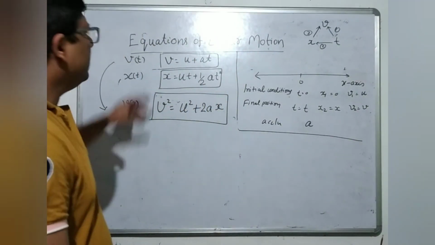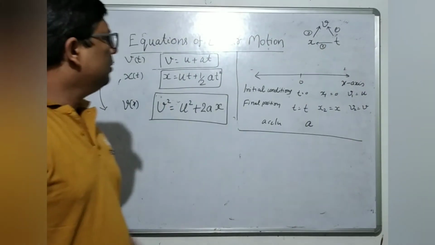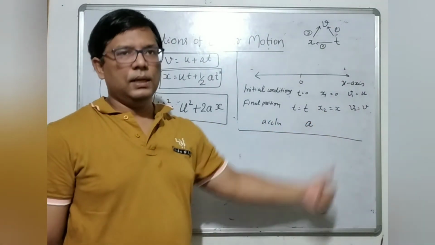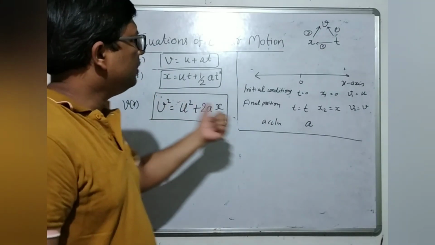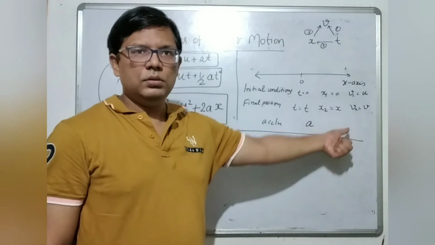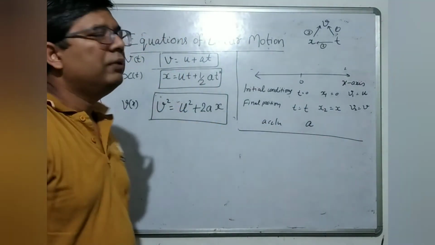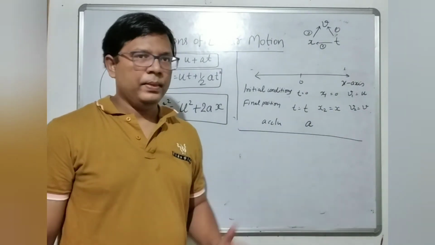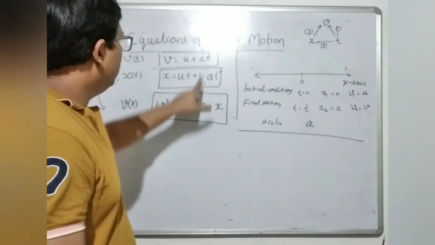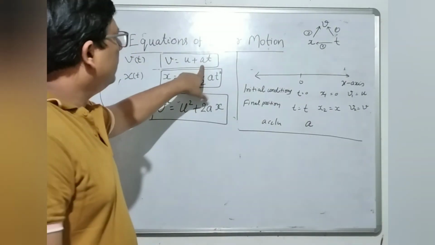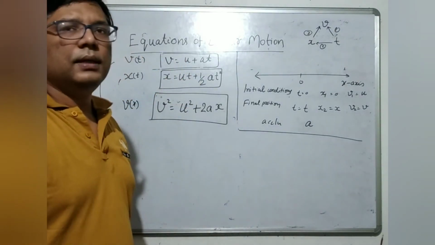While using these three equations, we must keep in mind the initial conditions, because these three equations depend upon the initial conditions also. If initial conditions change, we have to modify the equation accordingly. But the relation between v and t is somewhat general. If a is taken positive, then this will be plus at. If a is taken negative, then it becomes minus at.